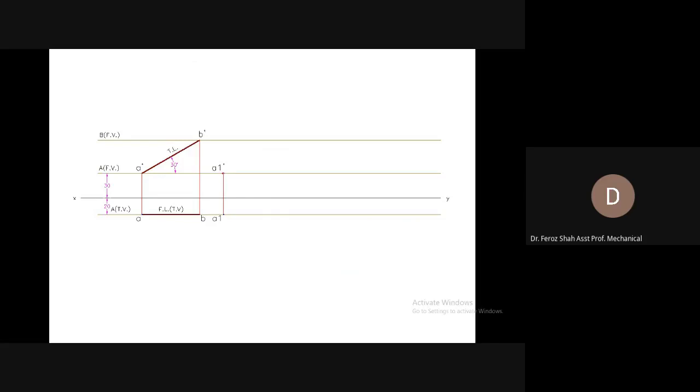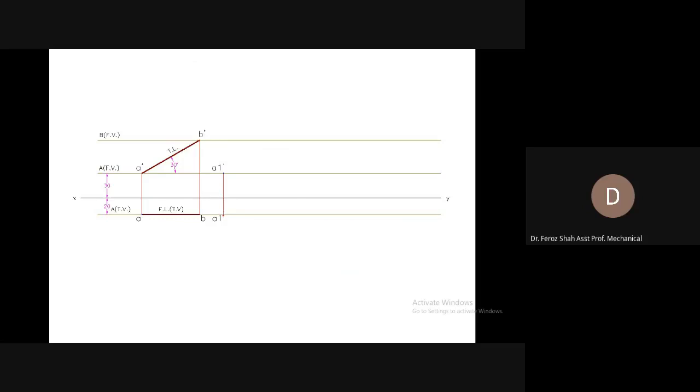That is, the front view would come 30 millimeter above the XY reference line, as end A is 30 millimeter above the horizontal plane. Also, end A is 20 millimeter in front of the vertical plane, so its top view will be 20 millimeter below the XY reference line. So this is again a repetition of end A.